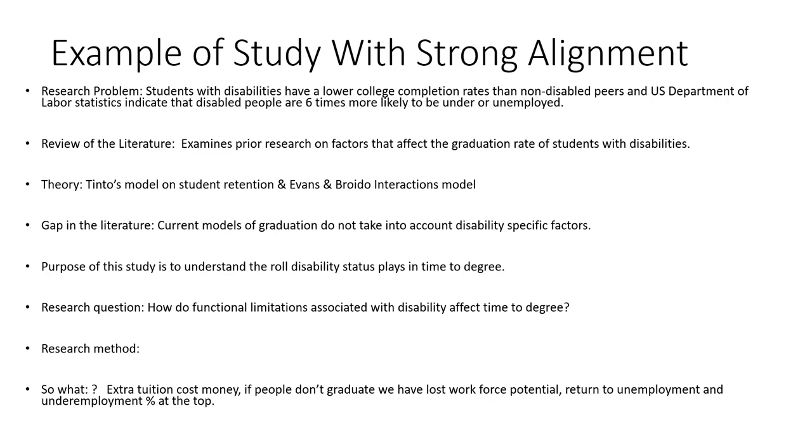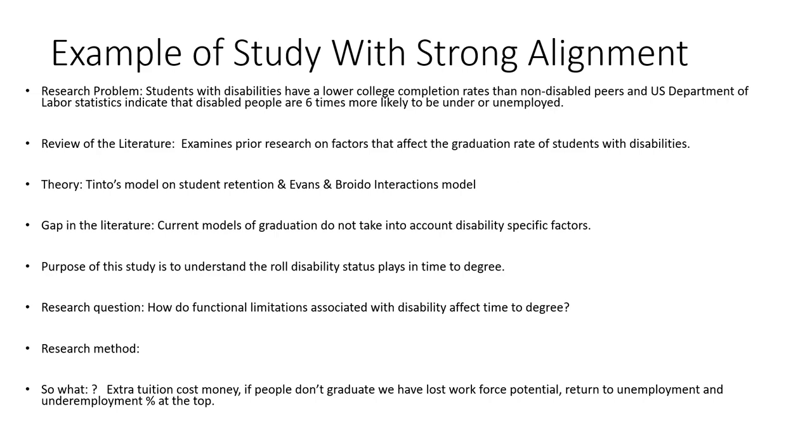The gap within the literature is articulated this way: current models of graduation, as shown within Tinto's work, don't take into account disability-specific factors. So, for example, what happens if a student needs to take only 12 credits a semester versus 16 so that they're able to cope well with their learning disability?